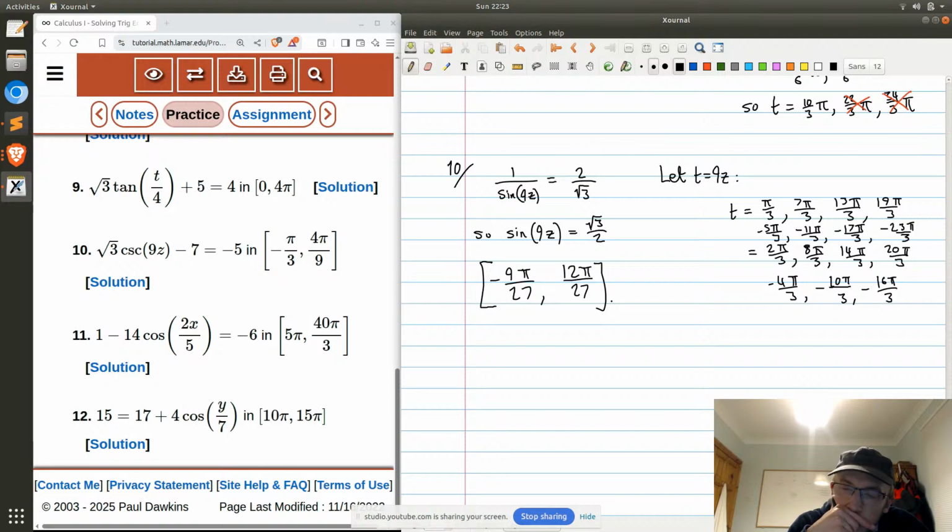And so who is excluded here? So kick off all the ones that are greater than 12 pi over 27. Oh, wow. Okay, so that one. Oh, right. Okay, that one. And then all those that are less than negative 9 pi over 27. So that, that. Okay, so I have 6 solutions.